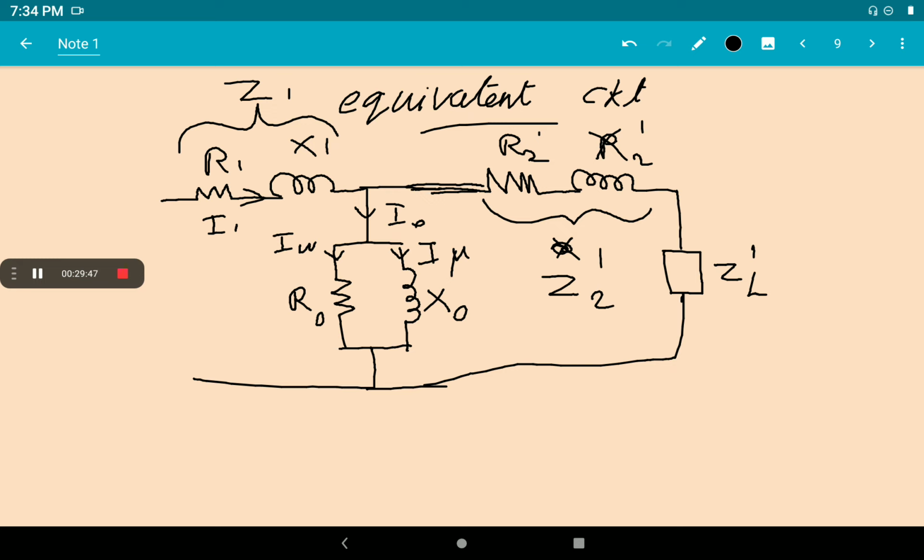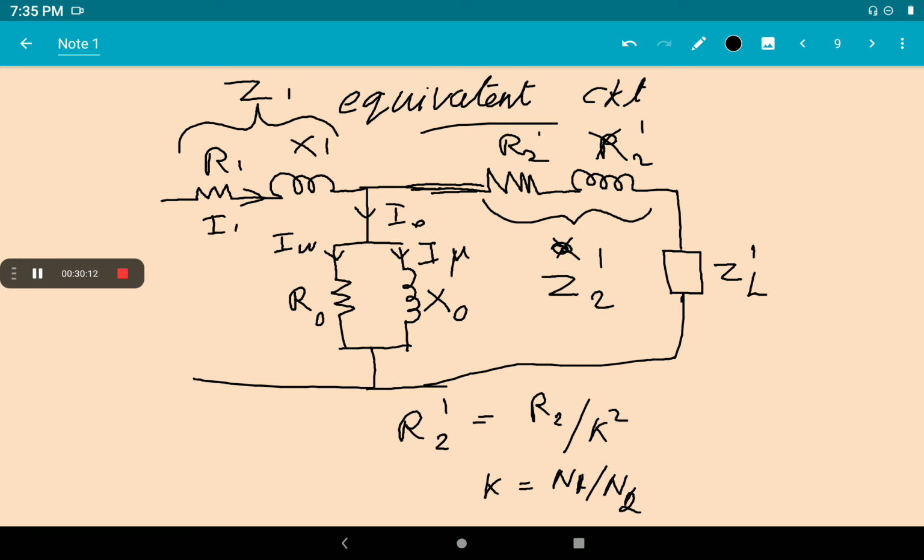How can we transfer the value, find out the value that is R2 dash? I have already explained R2 dash is the same as R2 by K square. Just divide it by the square of the transformation ratio. K means N2 by N1, no?